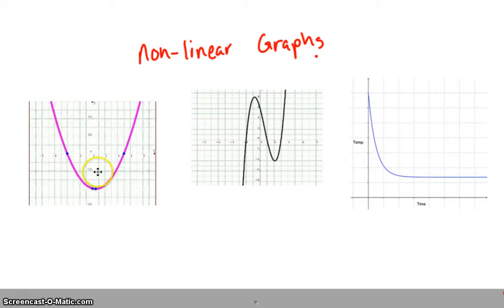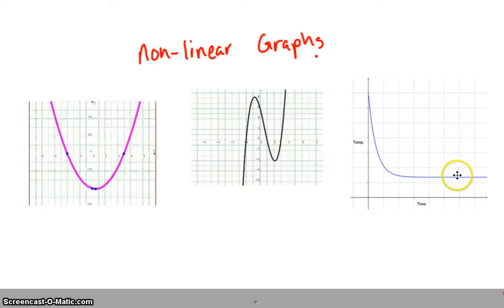So we have these parabolas, these little bendy curves, and I forget the name of this exact one, but you will actually get graphs that look like this in algebra. Here's a time and temperature where the temperature decreases down to a certain point, and it's not a straight line.